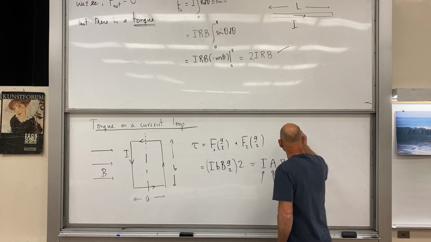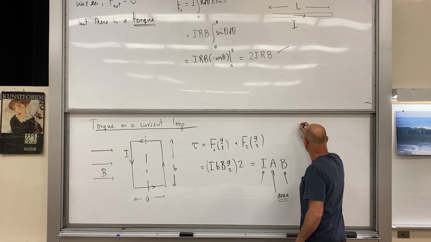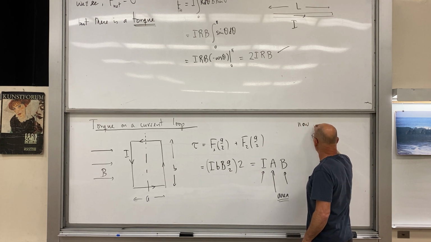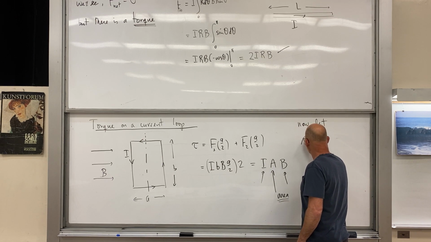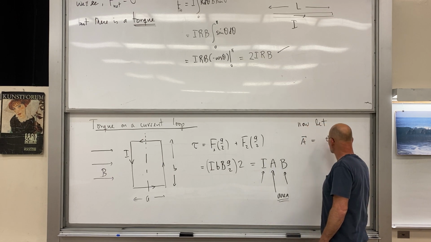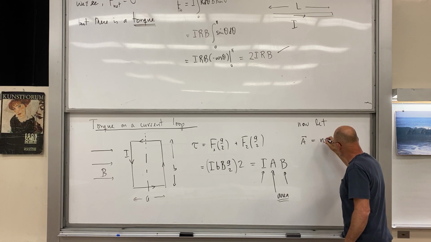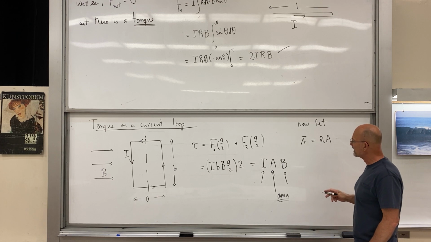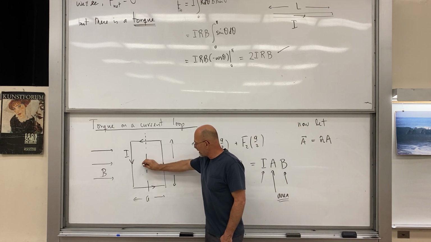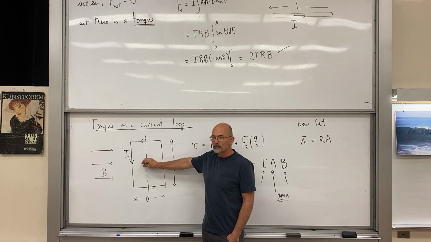So generalizing this, now let the A vector be the surface normal of that area times the area. Okay, so we've got, in this case, the surface normal is coming right out of the board at us.